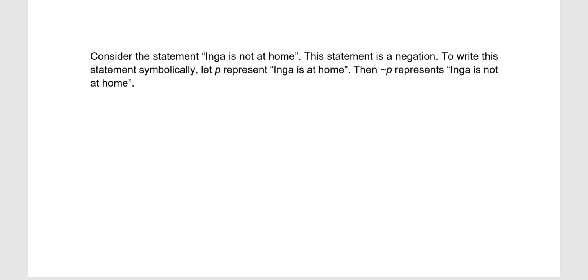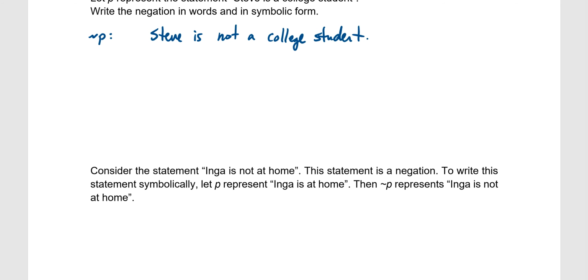For this other example, suppose we have a statement that says Inga is not at home. That statement is a negation because we have the word not in there. To write this symbolically, we let P represent the statement that Inga is at home.